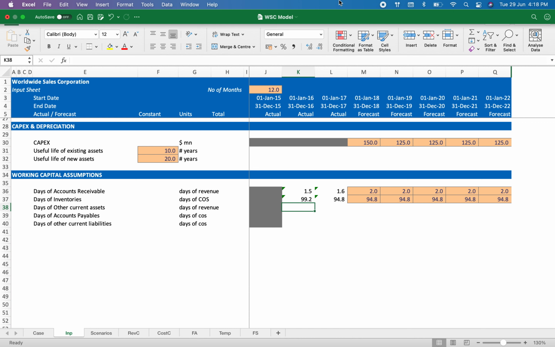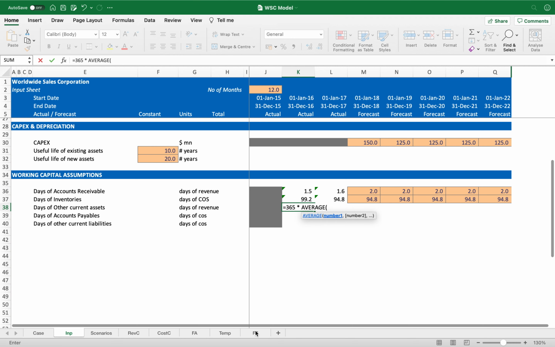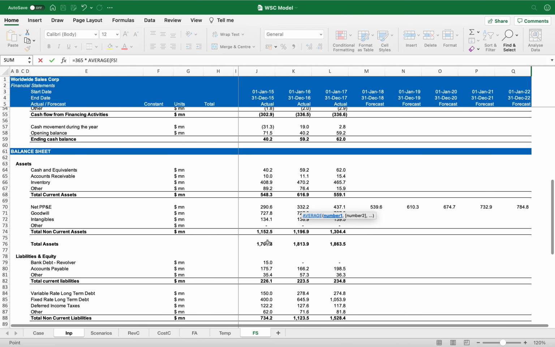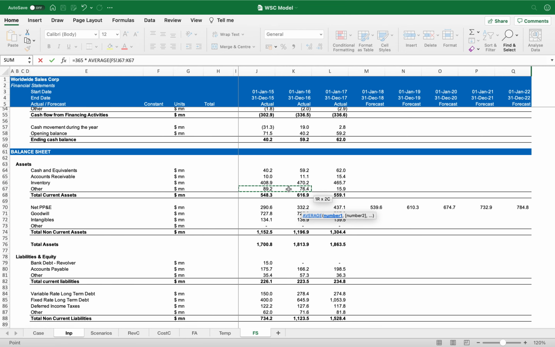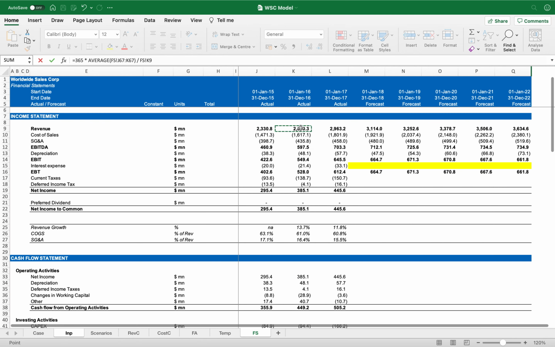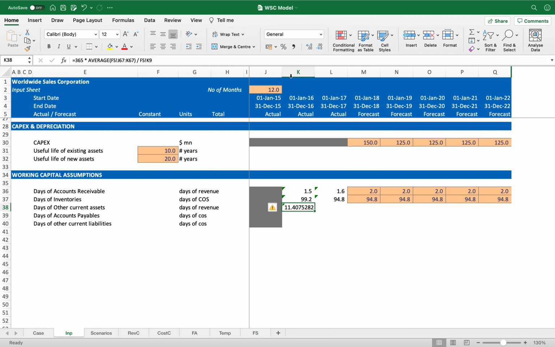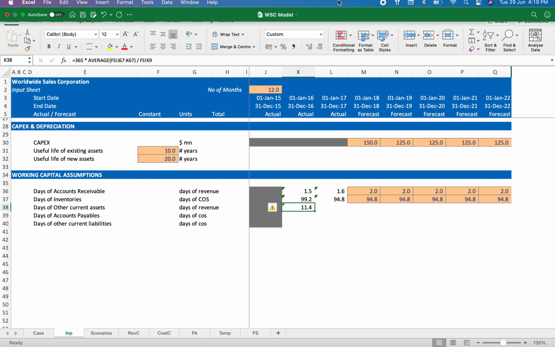Now, 365 multiplied by average other current assets divided by again revenue. So 11.4 days.